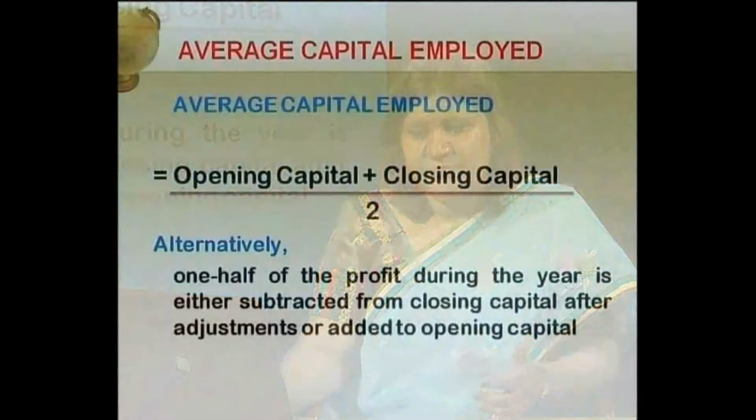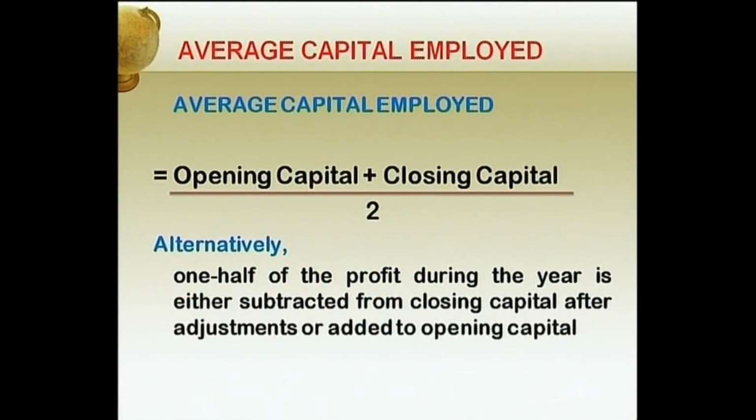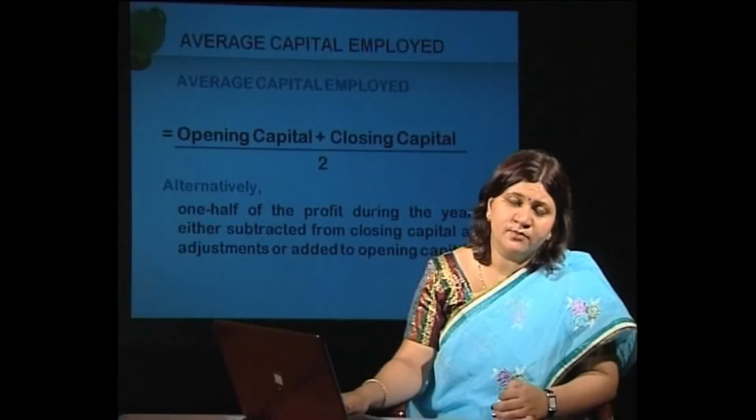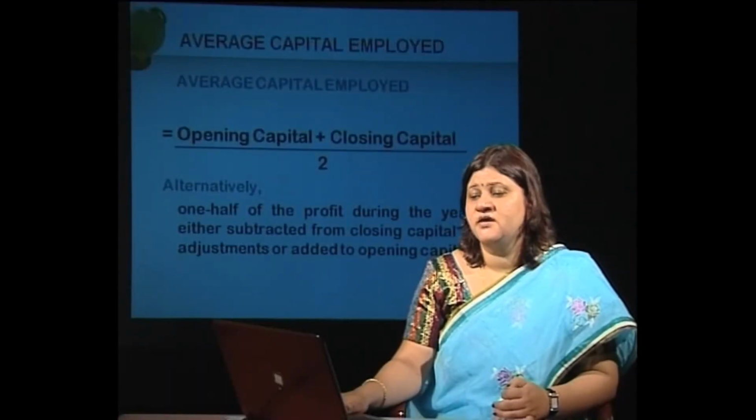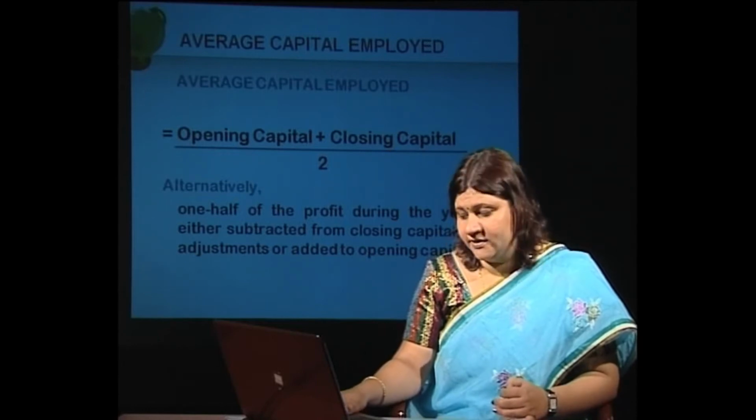That's why we are going for average capital employed, and it is computed as opening capital plus closing capital divided by 2. Alternatively, what we can do is that 1/2 of the profit during the year is either subtracted from closing capital after the adjustments or added to the opening capital. Both ways we can ascertain the average capital employed.